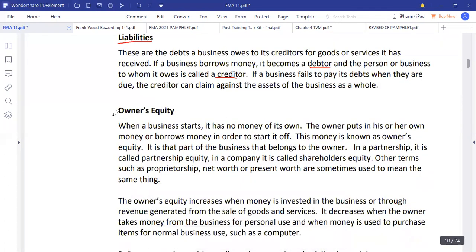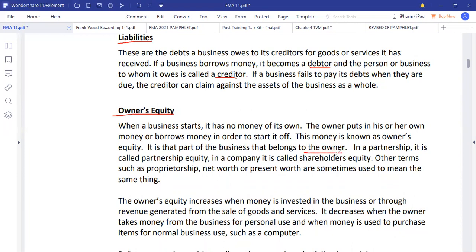Then we go to what is called owner's equity. When a business starts, it has no money. So what happens is the owners will need to put in money or borrow to start with. So that money that the owner starts with is what is called the owner's equity. So this equity or capital which we start with belongs to the owner.